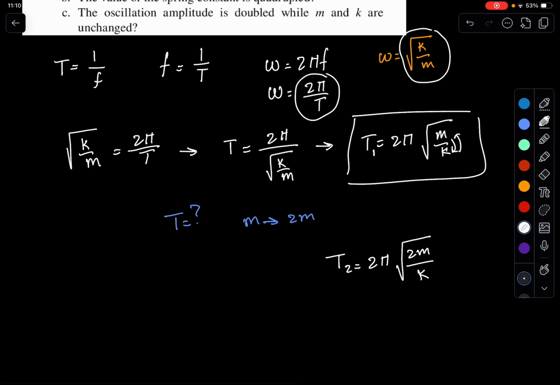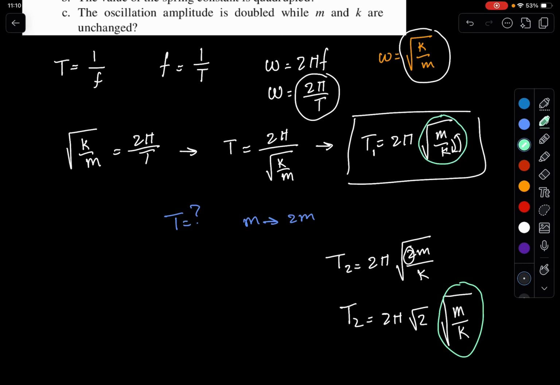So we can write it like this: T2 equals 2 pi a square root of 2, so we took the 2 out, times a square root of m over k. So here you see that a square root of m over k is exactly the same as this one in our first equation. So let's cancel them out.